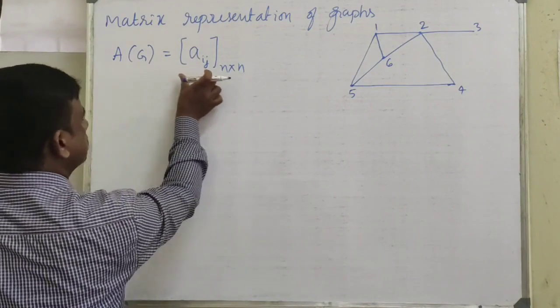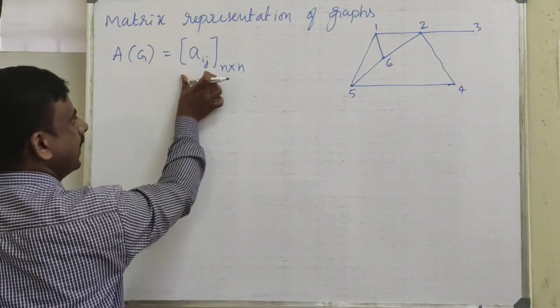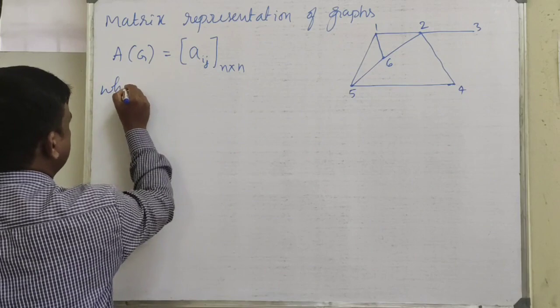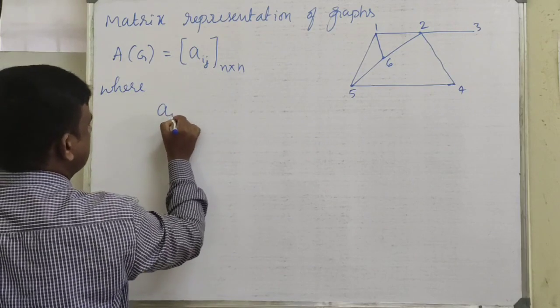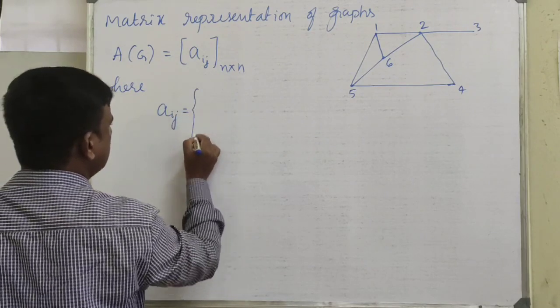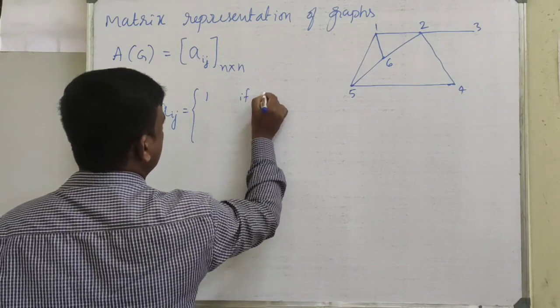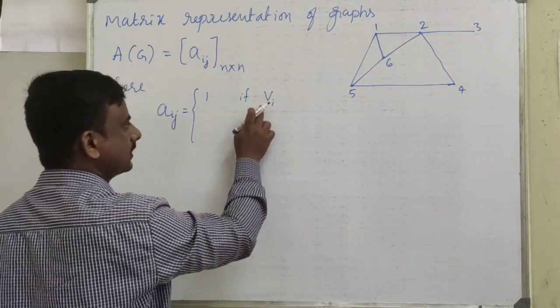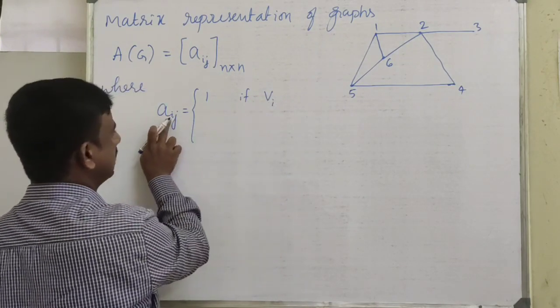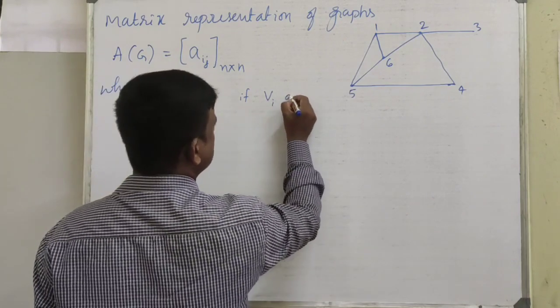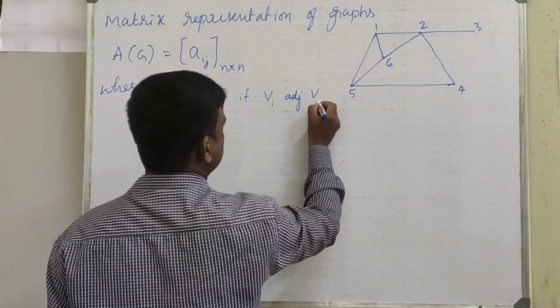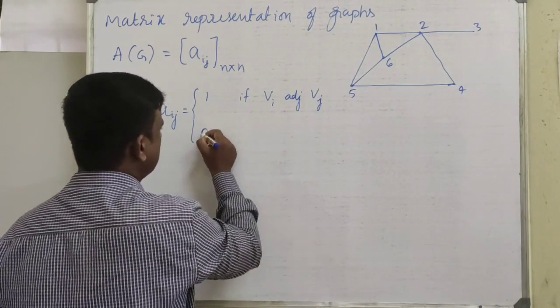So A of G is equal to Aij, where the entries are defined by Aij equal to 1 if Vi, the corresponding vertex Vi, is adjacent to Vj, 0 otherwise.